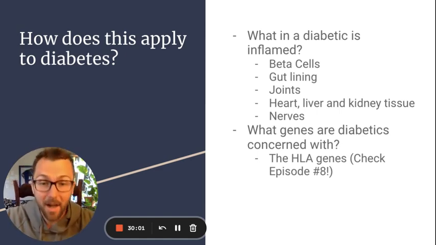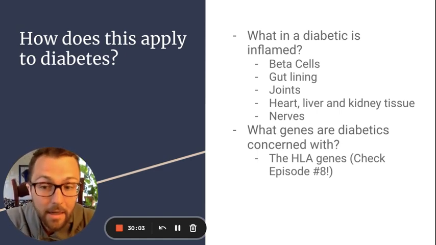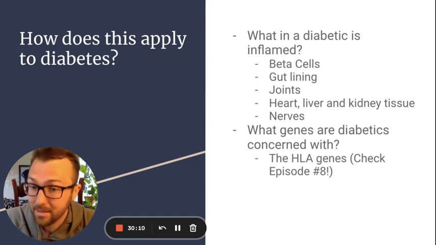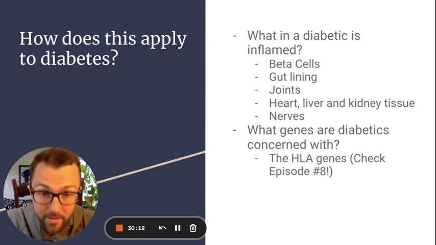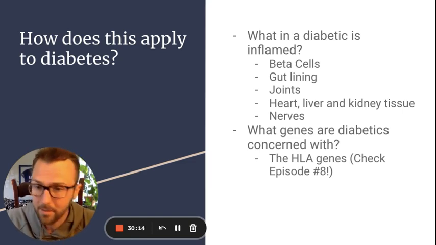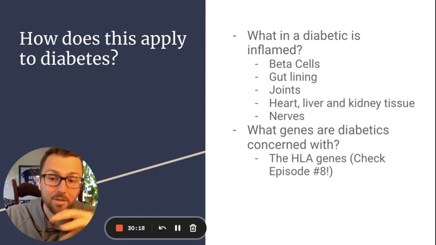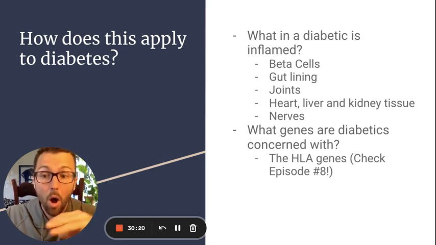But it's not just the beta cells of the pancreas, right? The gut is affected, how we're digesting food, the liver, how that's processing toxins, that can be inflamed, joints, heart, kidney, nephropathy, neuropathy, all of these complications associated with diabetes are because of inflammation, right?